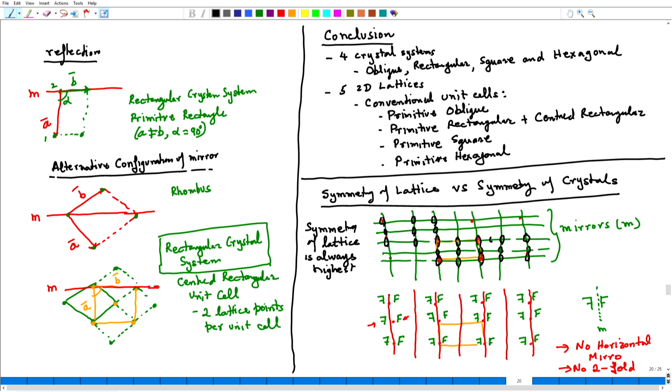But once I add a motif to it, we can say that in general, crystal symmetry would be less than or equal to lattice symmetry.